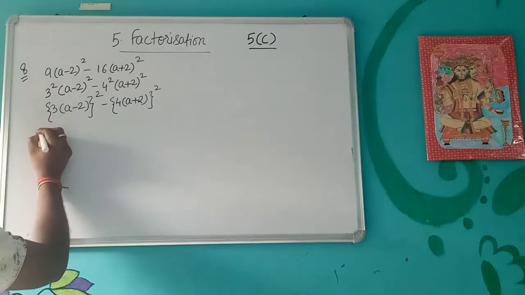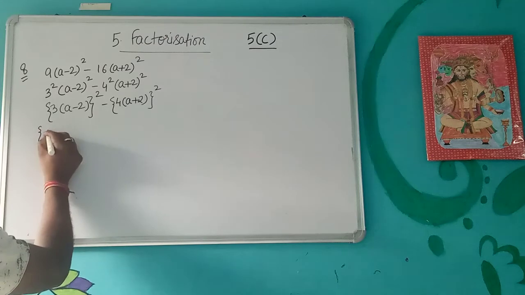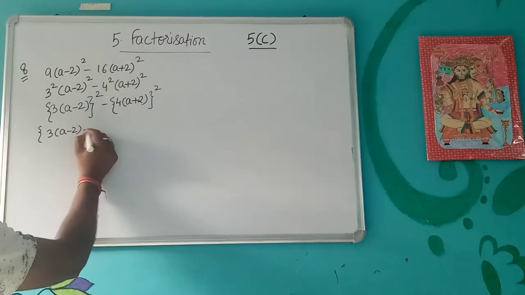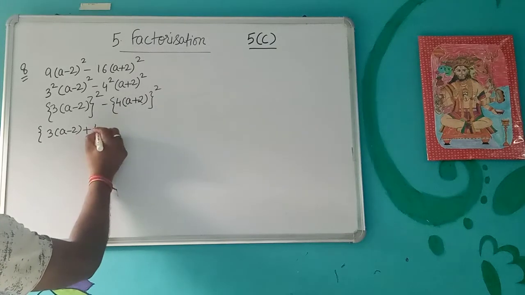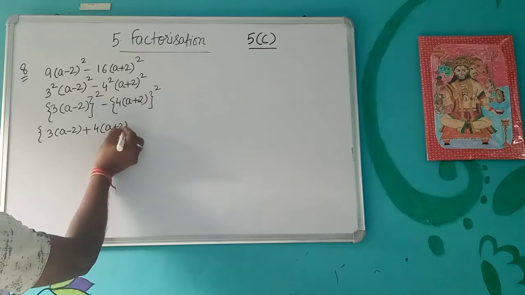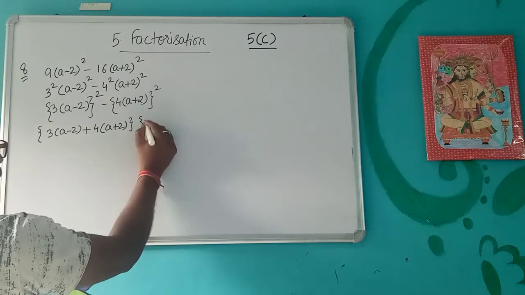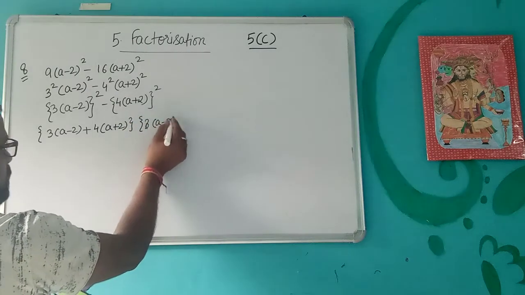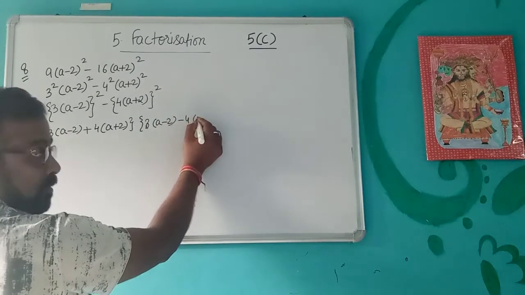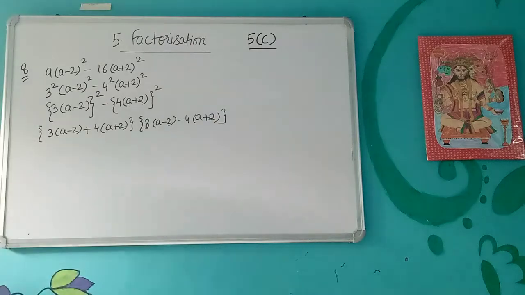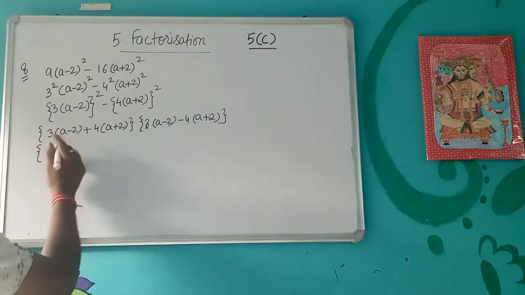Now you can write it as 3 into a minus 2, this will be your a, and this will be your b, 4 into a plus 2, and 3 into a minus 2 minus 4 into a plus 2. So next we will solve the bracket.